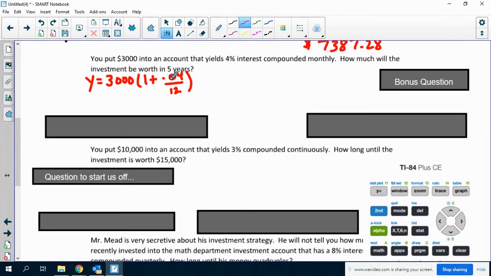What that basically means is that you're going to get 4% interest, but you get less than that each time, but you get it more often.